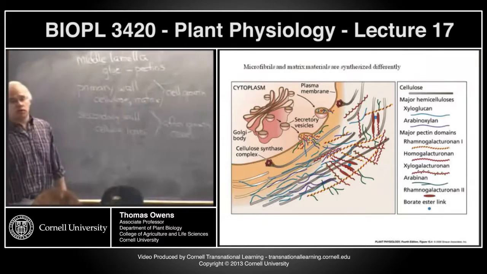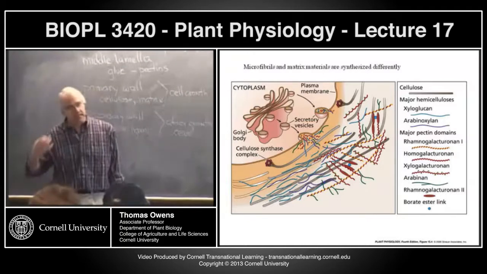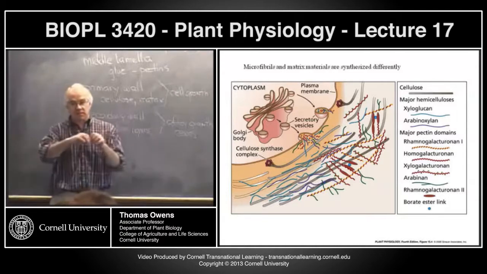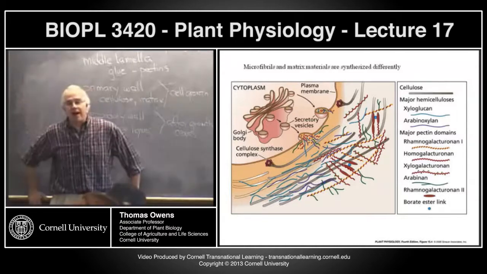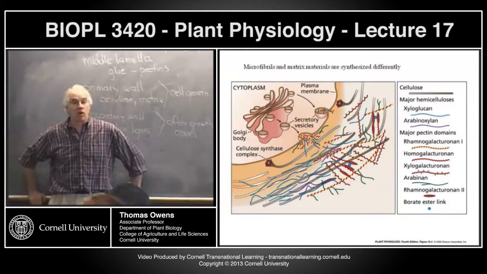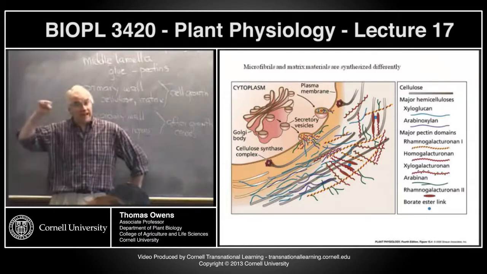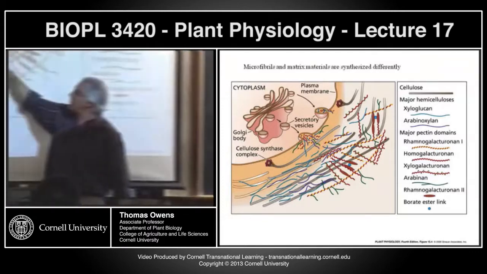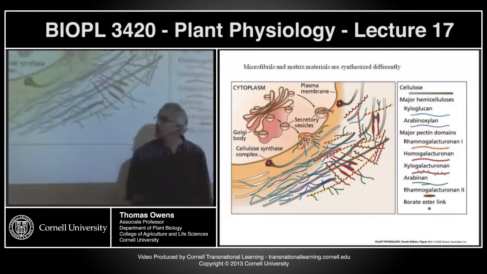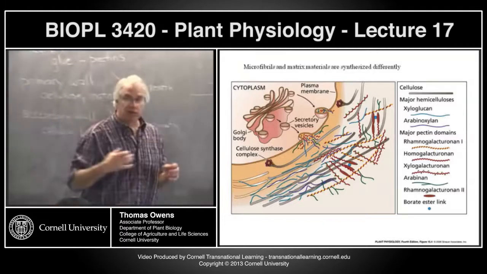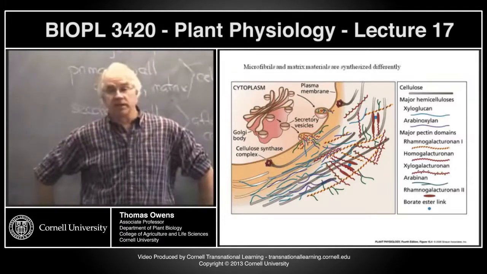And these two components of the cell wall are synthesized by different mechanisms. Okay? If you think about cellulose, it's this long polymer of glucose. And in general, in the cell wall, it's not a single polymer, but it's aggregates of polymers that make these bundles. These things that show up here in gray are the cellulose microfibrils. We'll see in just a few minutes that these microfibrils are bundles of cellulose molecules.